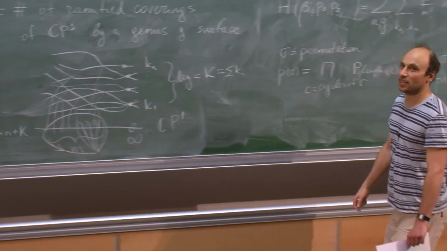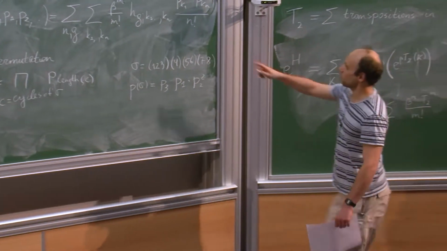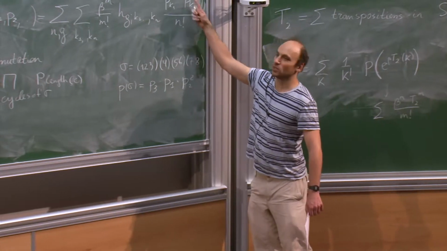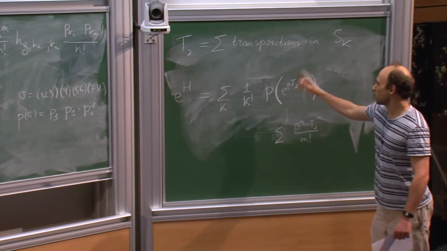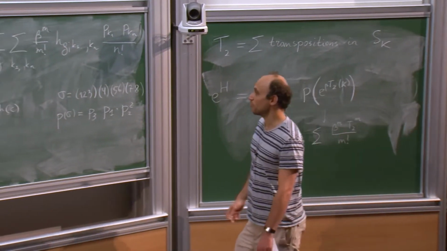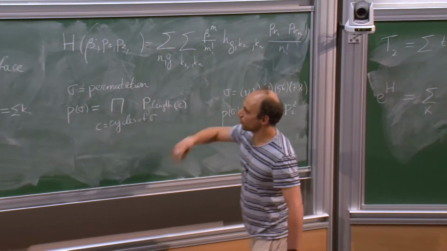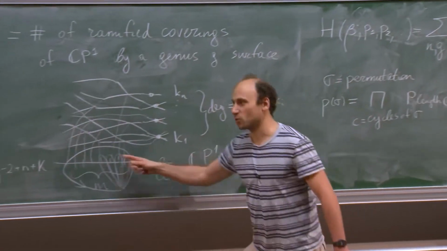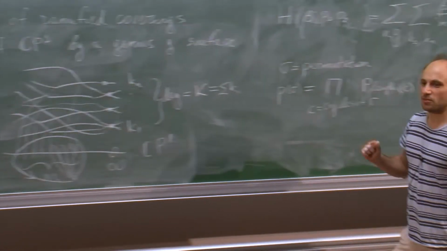If I obtain a permutation like that, this P here will give me p_k1 times p_k2 times p_kn. So in front of p_k1 times p_k2 times p_kn, I will have exactly the number of ways of representing a permutation with these cycle lengths as a product of m transpositions. And this is exactly the way to enumerate ramified coverings.